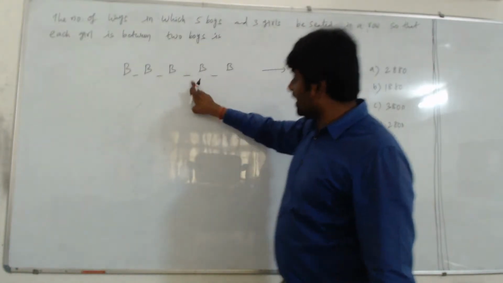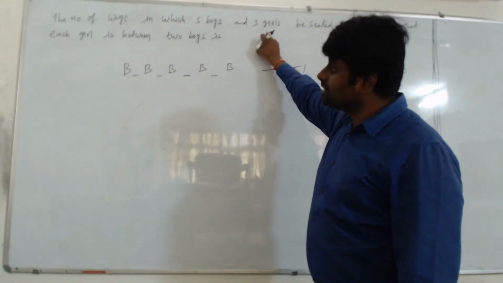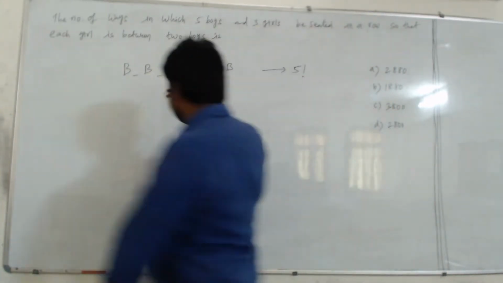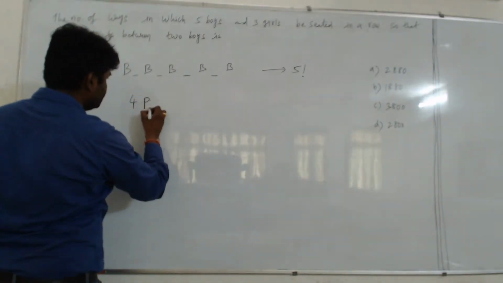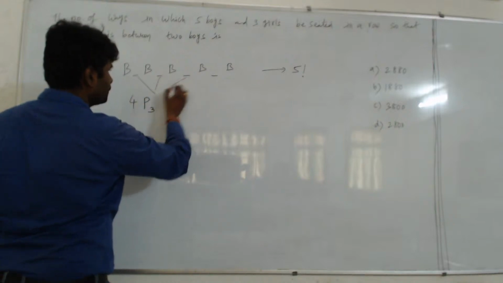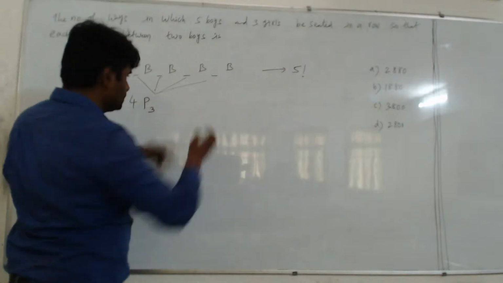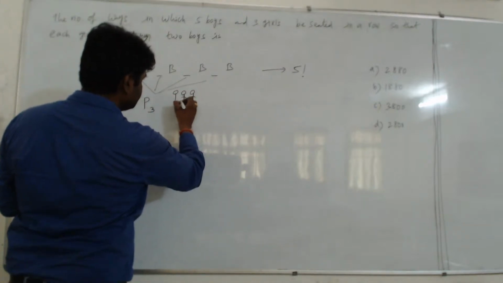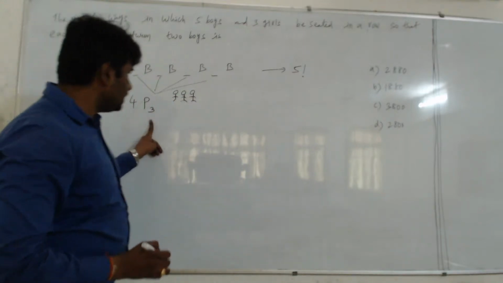In those 4 gaps, we are going to arrange these 3 girls so that each girl is definitely between two boys. That is 4P3.